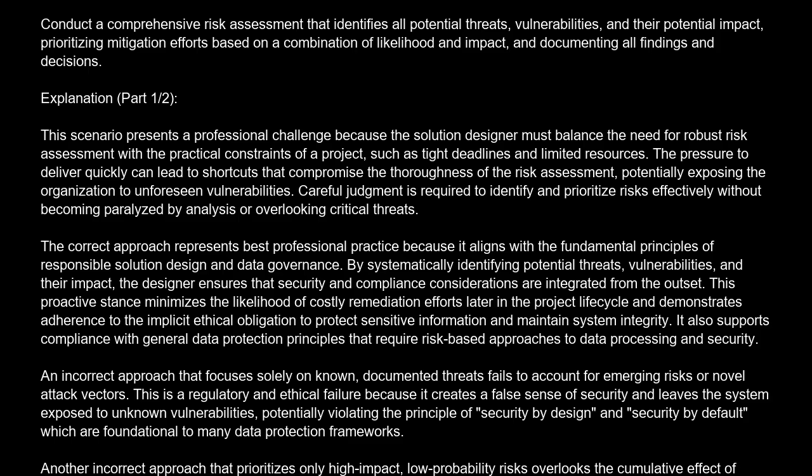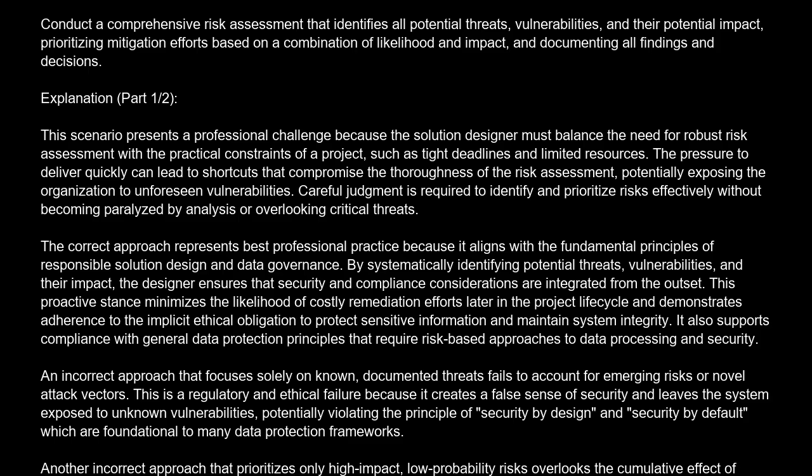The pressure to deliver quickly can lead to shortcuts that compromise the thoroughness of the risk assessment, potentially exposing the organization to unforeseen vulnerabilities.